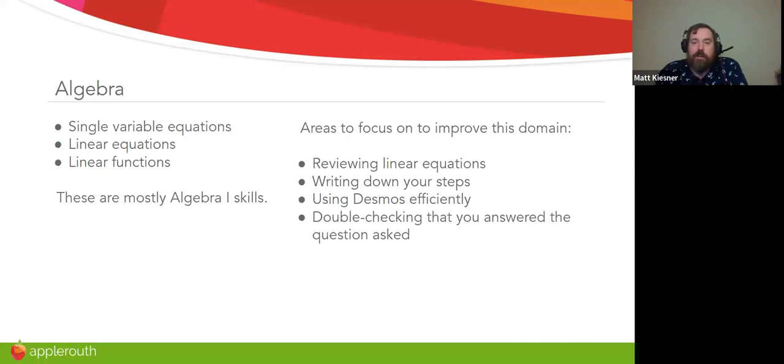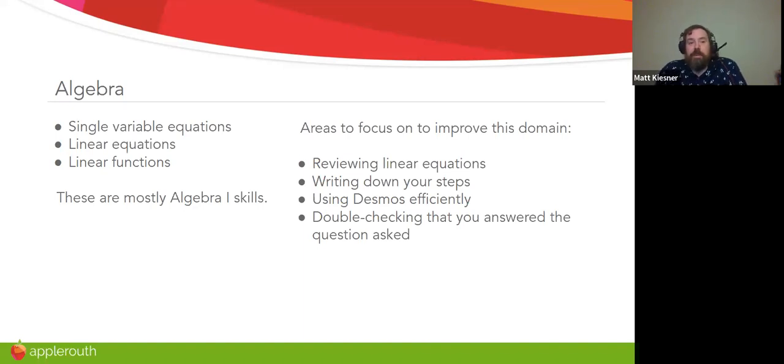This is important: make sure to write down your work, especially when you're doing single variable algebra expressions, where you just have to manipulate things algebraically and maybe isolate a term. Make sure you're writing things down and using the paper and not skipping steps. That can be a big cause of mixing up a question.